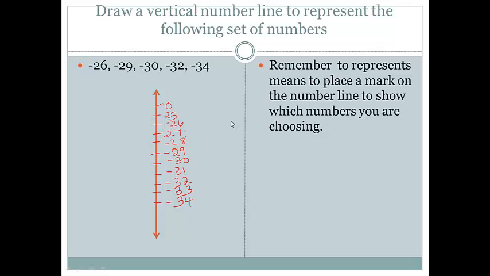Now I will represent these numbers. So I will represent negative 26. I will put an X. Negative 29. Negative 30. Negative 32. And negative 34. I represent them by placing an X or a circle.